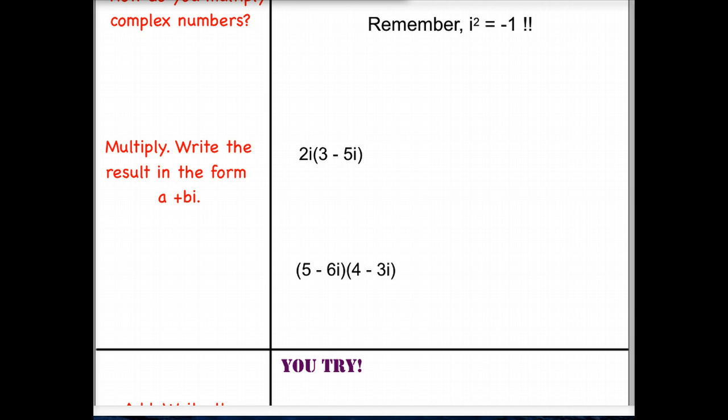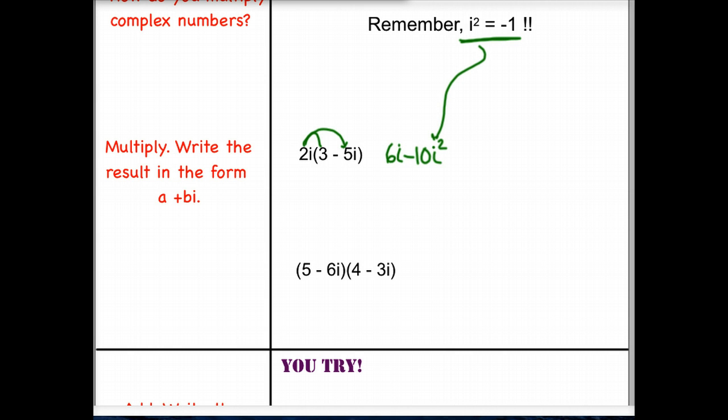So what we do is distribute. So 2i times 3 is 6i. And then we have 2i times negative 5i, which is negative 10i squared. And remember, this is why I wrote this here, because we have i squared.